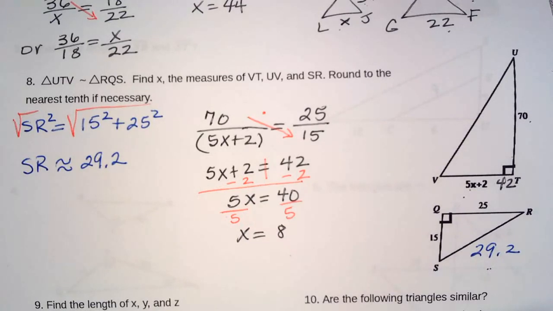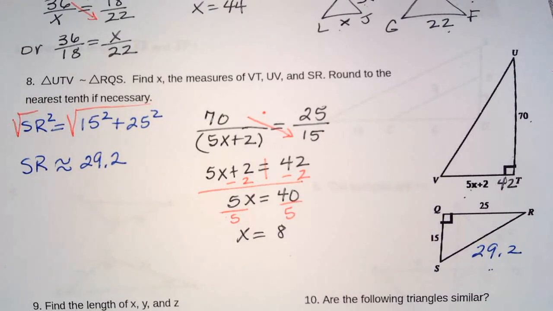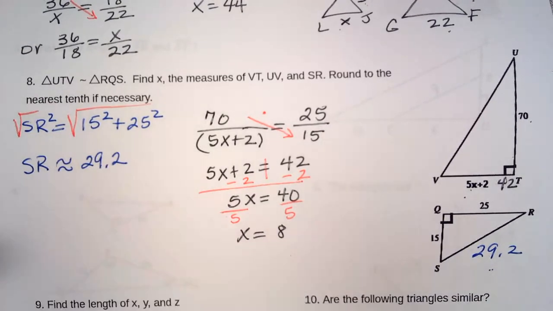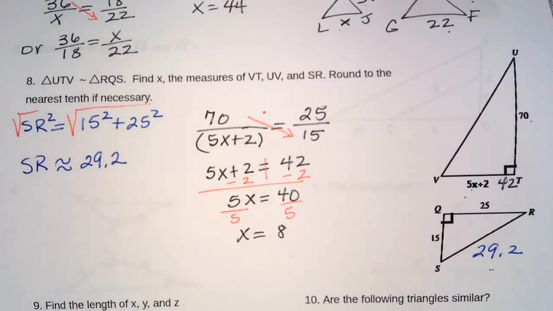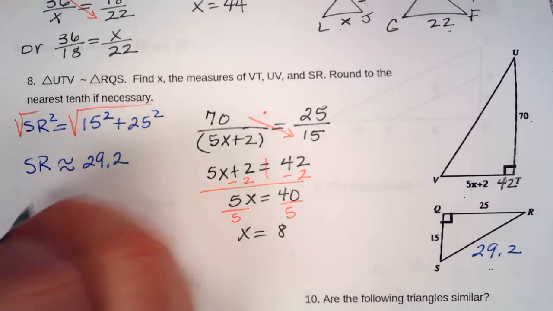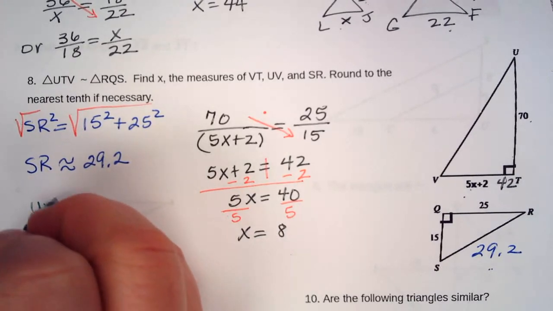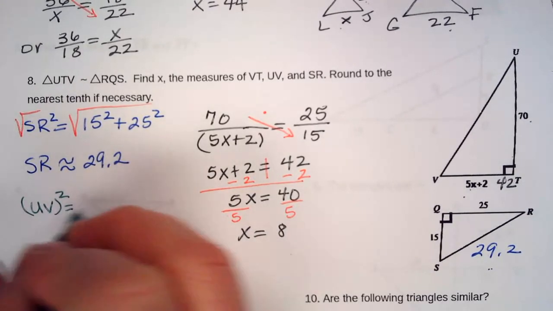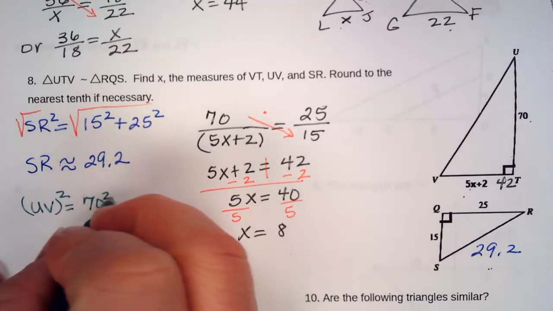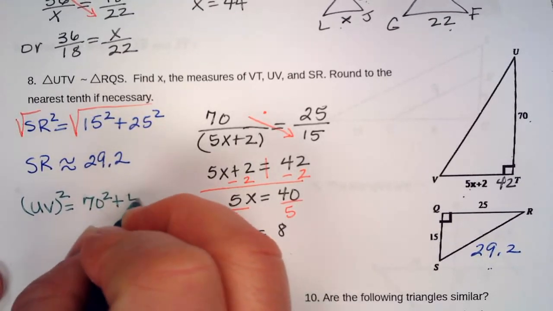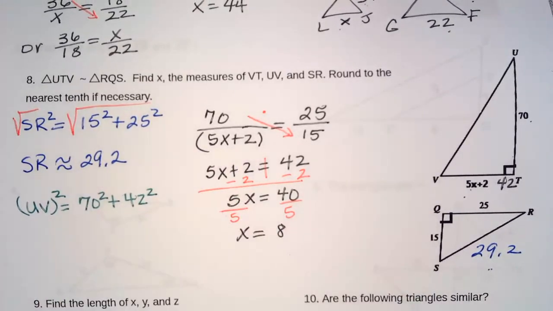I can use Pythagorean theorem again for UV. UV squared is equal to 70 squared plus 42 squared.